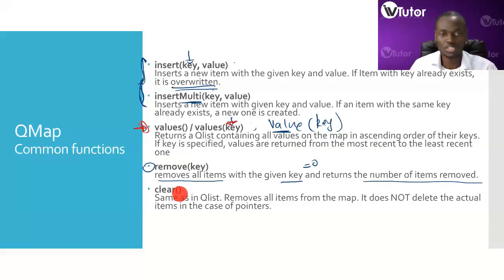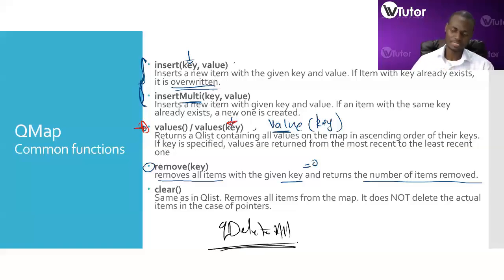You can only use this to remove those pointers from the QMap. If you want to delete these pointers, that is where you use the qDeleteAll function that we discussed in our previous class. So these are the basics of containers that we wanted to briefly discuss in terms of the containers that you guys must know.